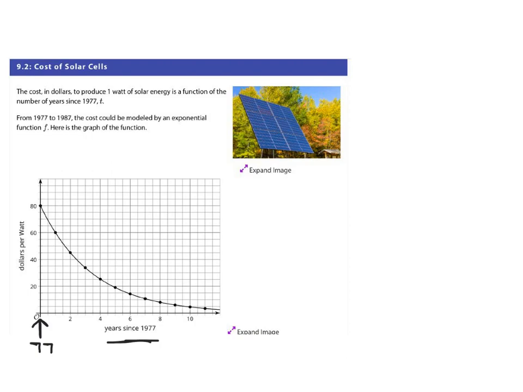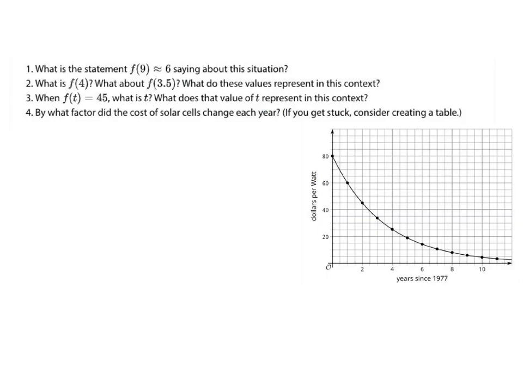Okay, let's see what our questions are asking. What is the statement f of 9 is approximately 6 saying about this situation? Well, this right here is t, and this would be our y-axis, which is dollars per watt.